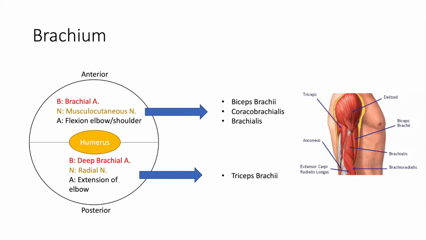So if I am looking at the anterior brachium, the only muscles that are there are biceps brachii, coracobrachialis, and brachialis. All of these have the same blood supply. They're all brachial artery. They're all innervated by the musculocutaneous nerve, and they all flex the elbow and shoulder.